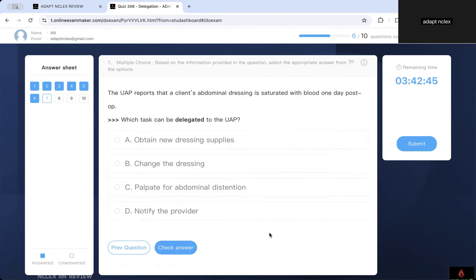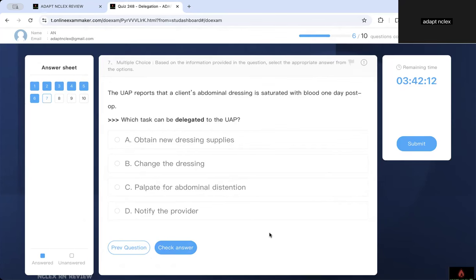What do you think? Number 7, which one would you pick? What would your answer be? If you base it on that content, guys, I can tell you, number 1 is the best answer, right? I'm going to the break room and just get a supply. Number 2, changing the dressing may require some sterile technique and some nursing process.